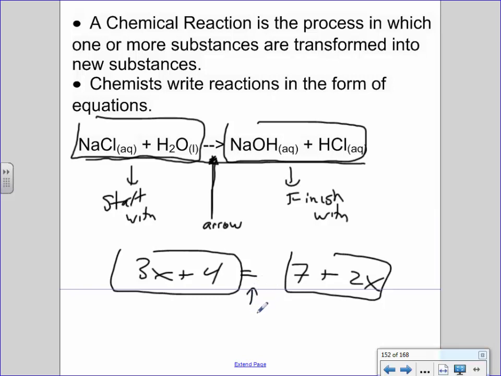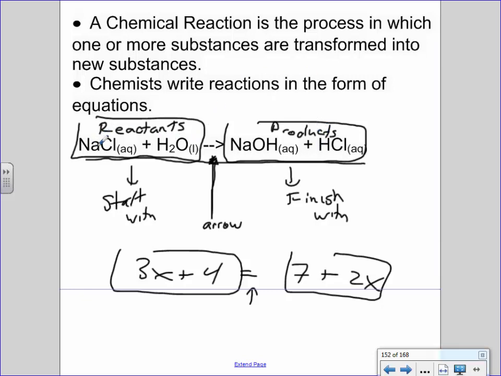It's kind of the same concept. Only I need you to know the words. These are called reactants because they are what react. And these are called products because that's what we produce. Does that make logical sense? So I just need you to know the vocabulary today.